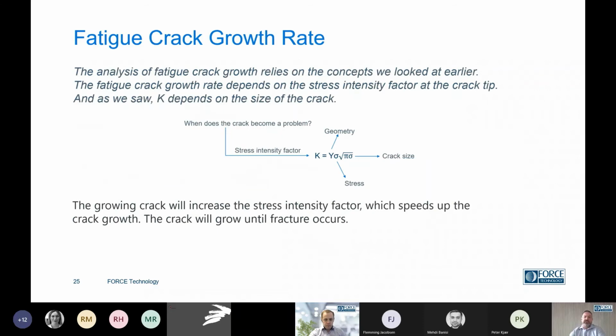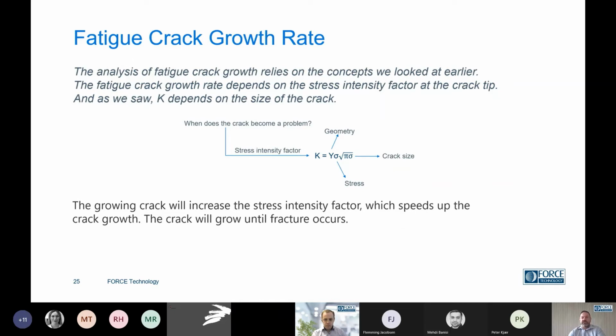But the concepts that we looked at earlier, for K and CTOD and J, those same concepts apply for fatigue crack growth. The geometry, the crack size, the plastic zone and stress, all of this still applies. And we can just copy that and paste that over.